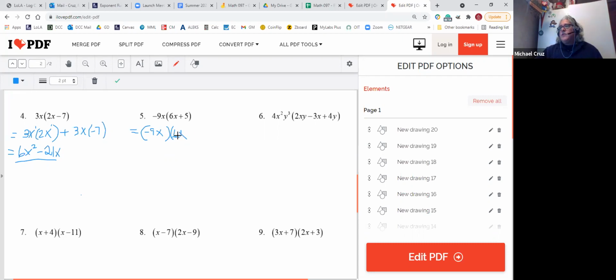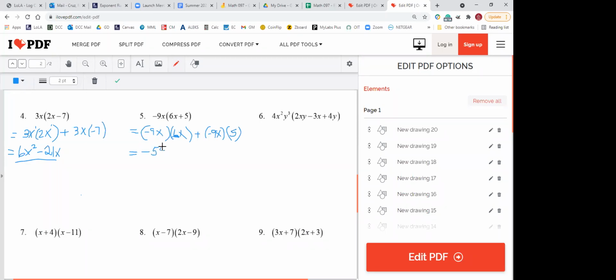So 6x. So the negative 9x is multiplying both of these. Negative 4 x squared.